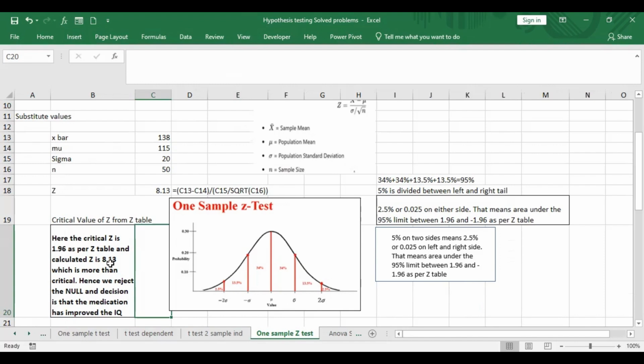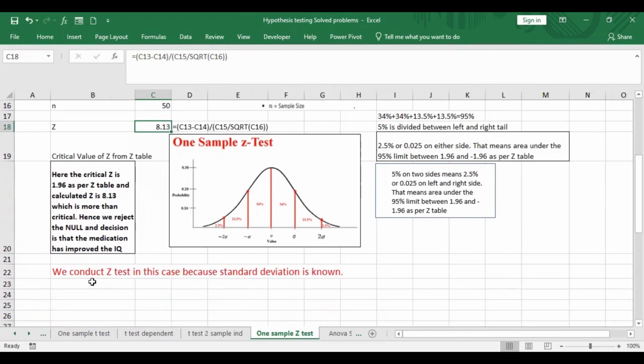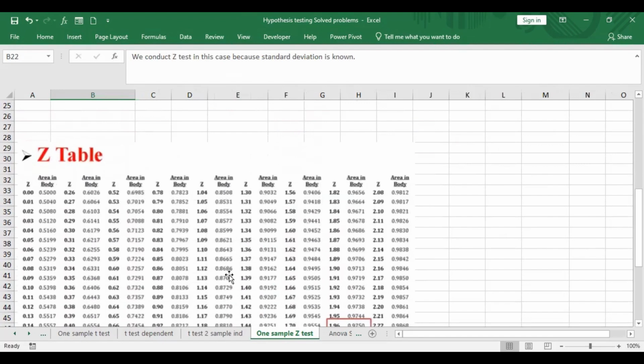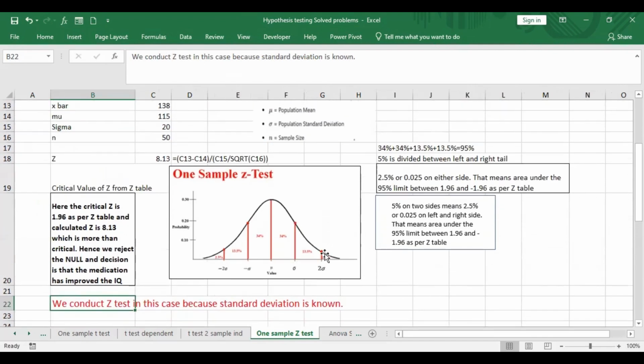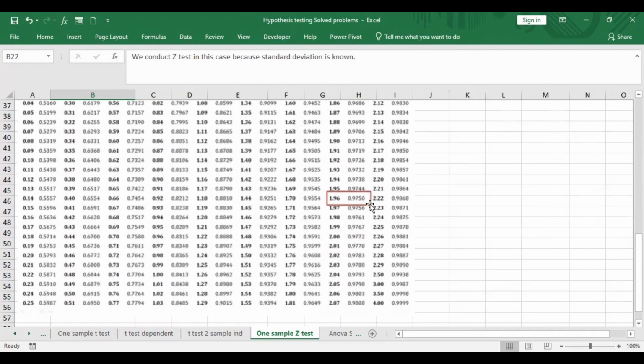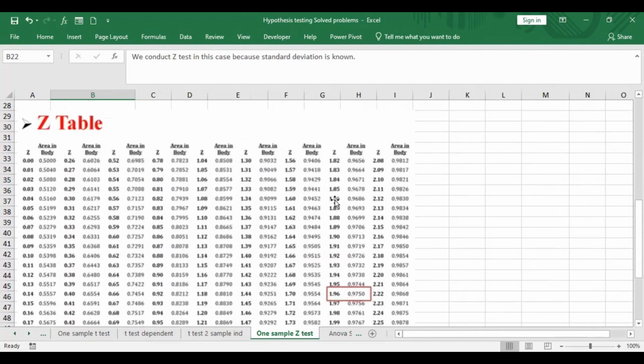Now, Z is 8.13, and therefore it is beyond this side on the tail. You can see from the Z table here also: 0.9750, because this is 0.9750 here, and that corresponds to 1.96 as the Z value.